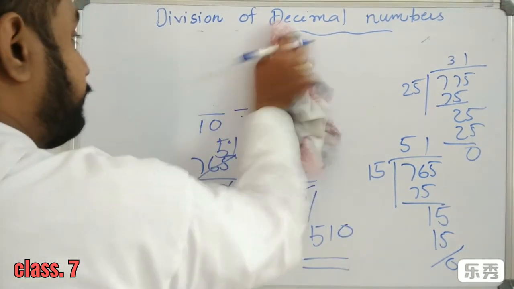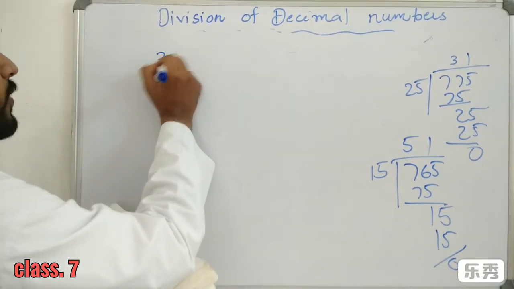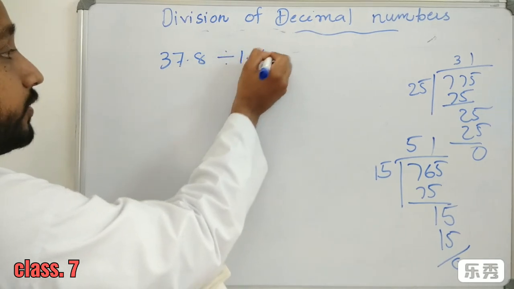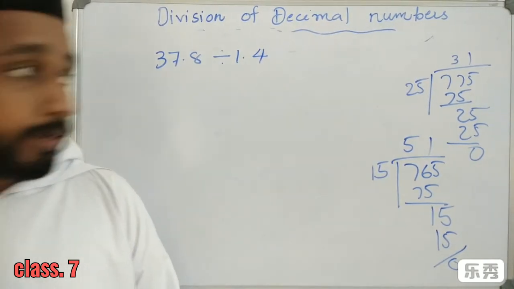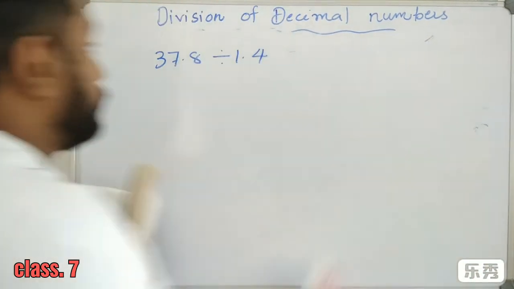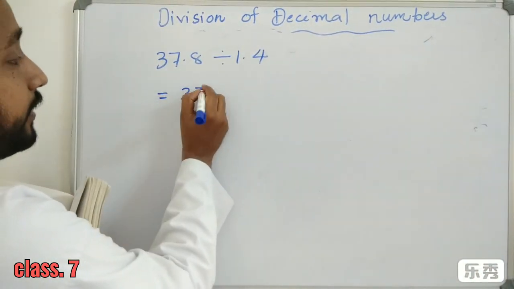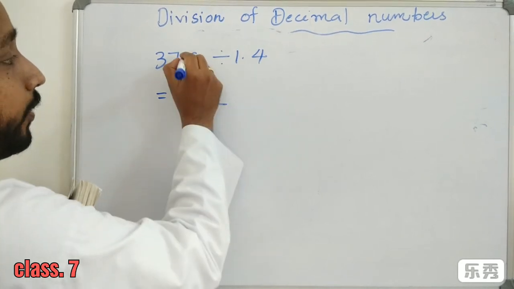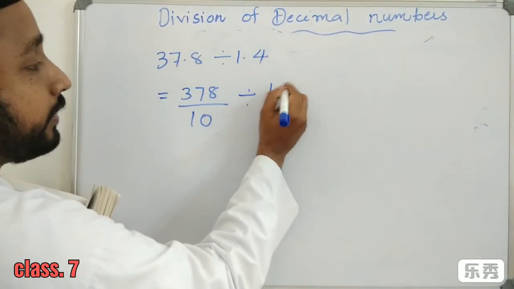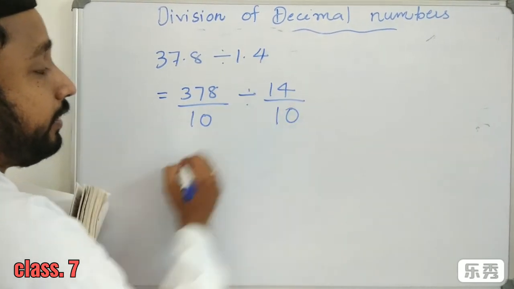Last question. 37.8 divided by 1.4. So 37.8 divided by 1.4 is equal to 378 by 10, here 1 digit after the point, so 10, divided by 1.4, that is 14 by, after the point 1 digit, that is 14 by 10.